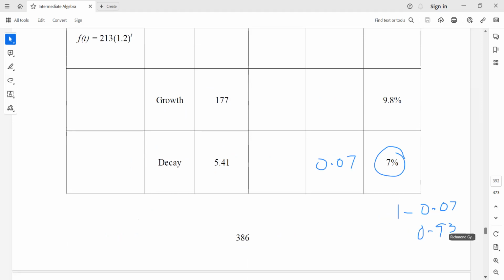So this becomes our B, 0.93. So this becomes F of t equals 5.41 times 0.93 to the power t. All right.